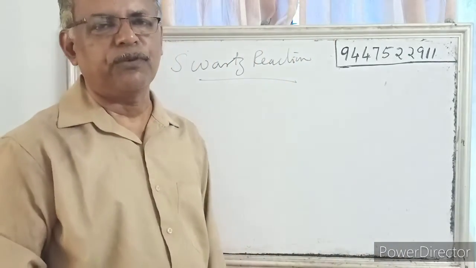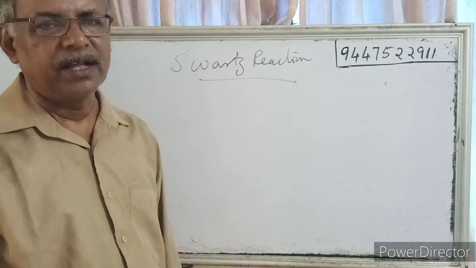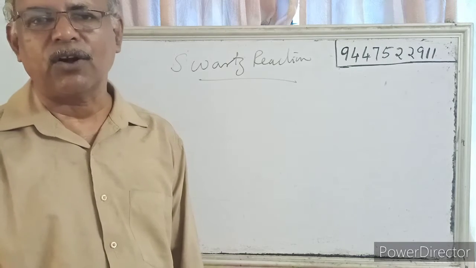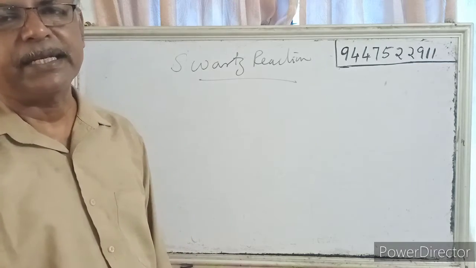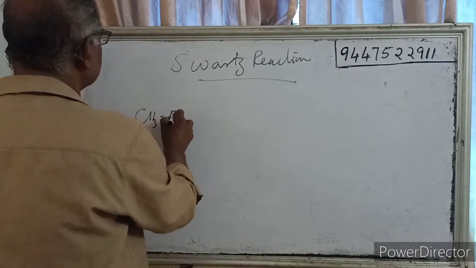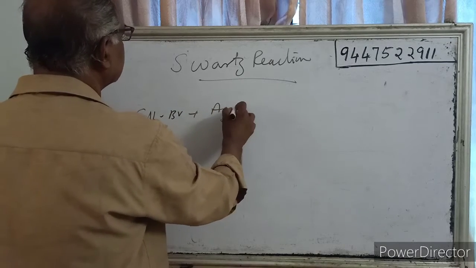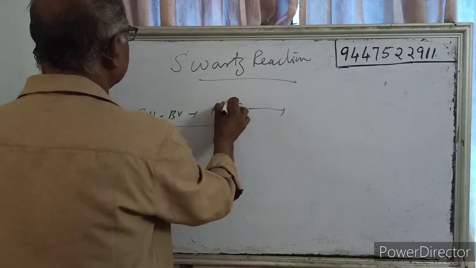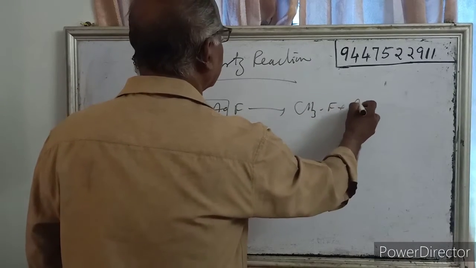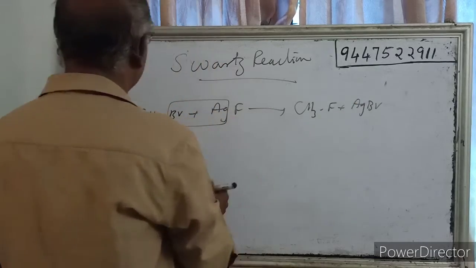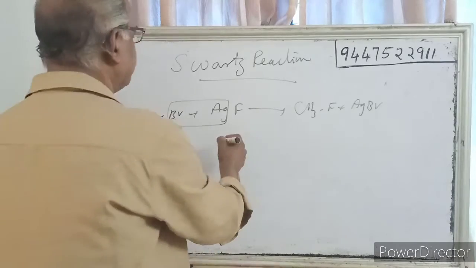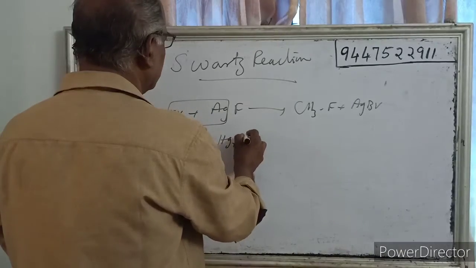You can prepare alkyl fluorides by the Swarts reaction. In the Swarts reaction, alkyl fluorides can be prepared from alkyl chlorides and bromides by heating with metallic fluorides. For example, CH3Br when heated with silver fluoride gives methyl fluoride, CH3F plus AgBr. Alkyl chlorides or bromides are heated with metallic fluorides, AgF or Hg2F2.